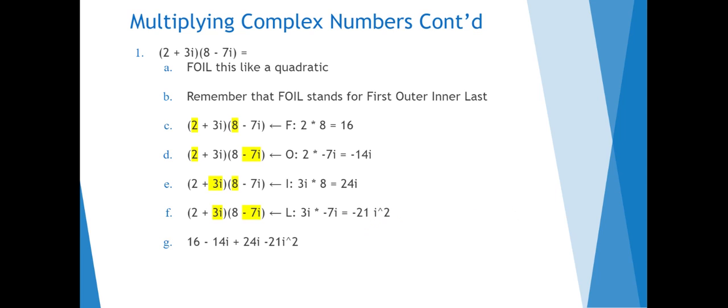And now we have to add those all up. Remember that i squared is negative 1 from the previous slide, so 16 plus 10i minus 21 times the negative 1. That just gives us 37 plus 10i.